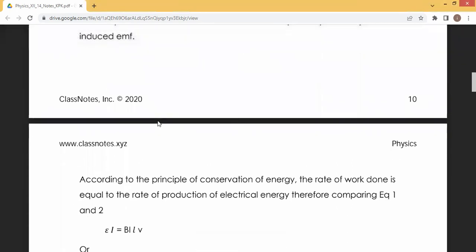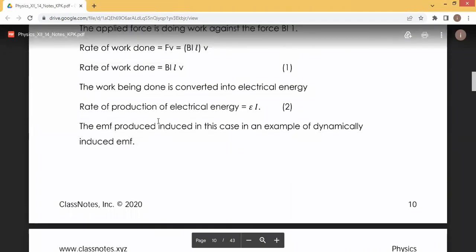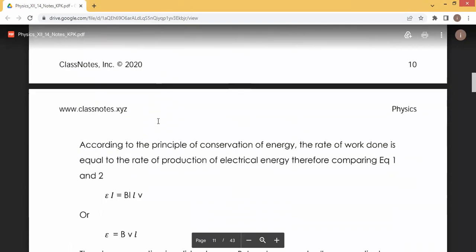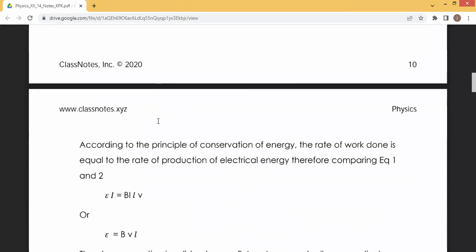So this is what the induced EMF will be equal to, according to comparing both equations. According to the principle of conservation of energy, the rate of work done is equal to the rate of production of electrical energy. So I am comparing equation 1 and 2.